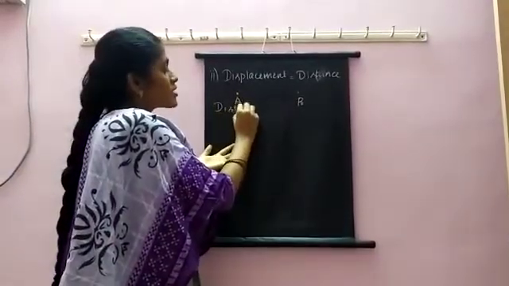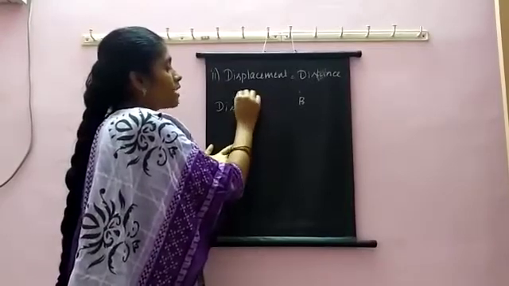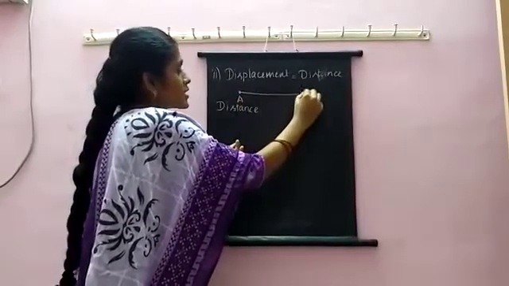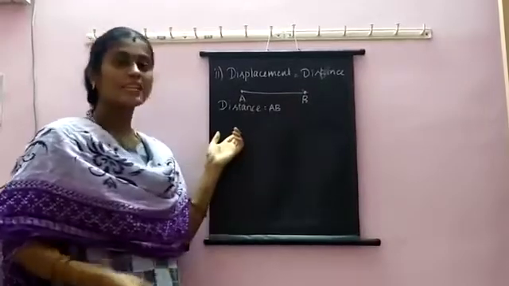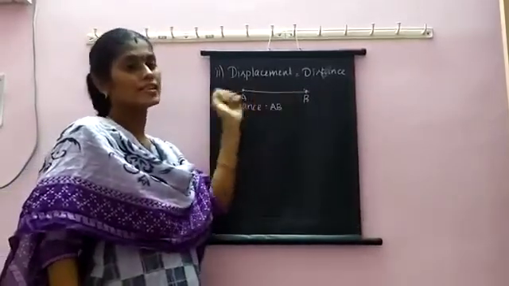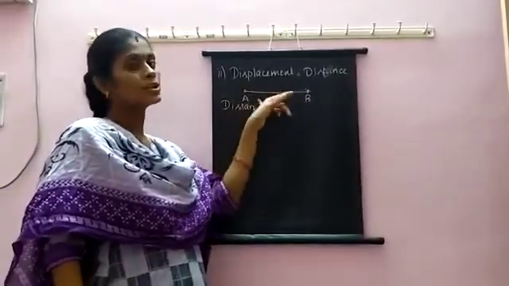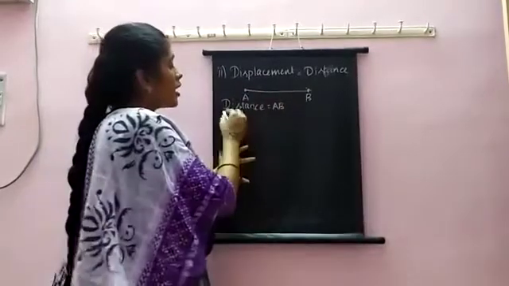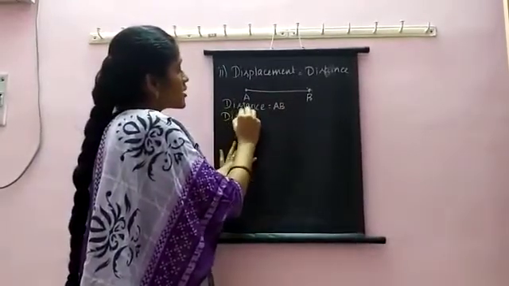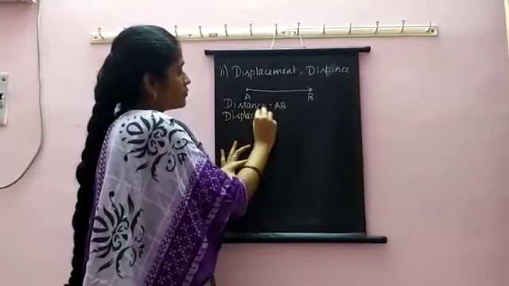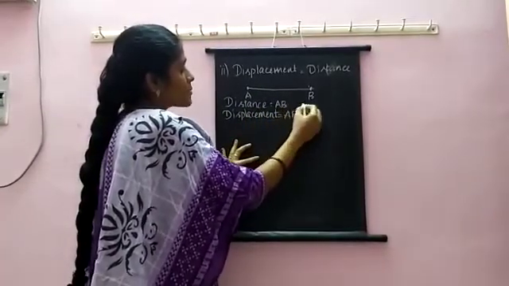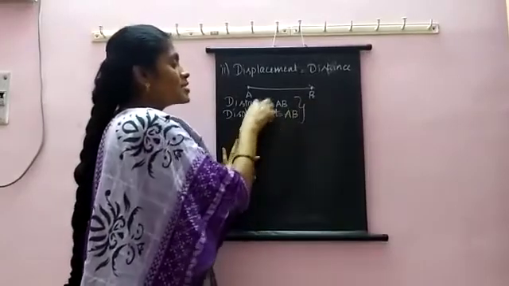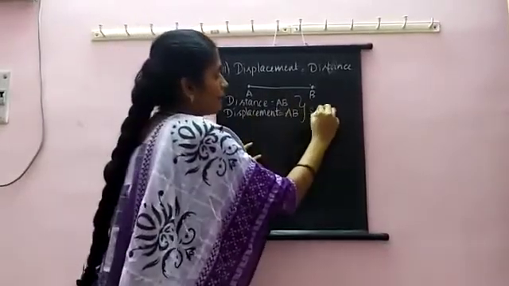The total length traveled by the object, AB. Then what is the displacement? The shortest distance from the initial point to the final point, which is AB. So in this case, the displacement and distance are both the same.